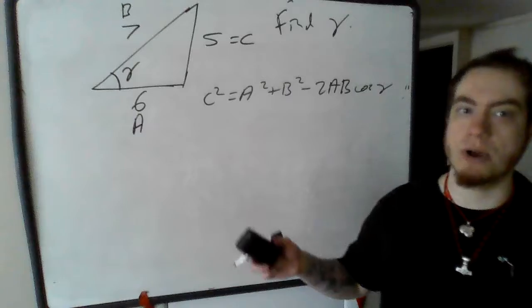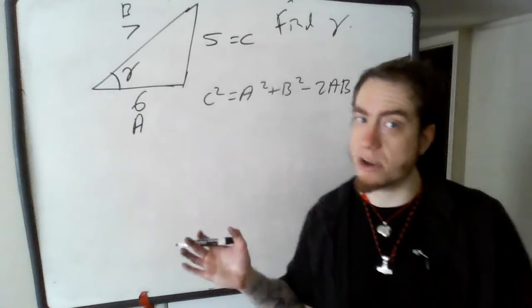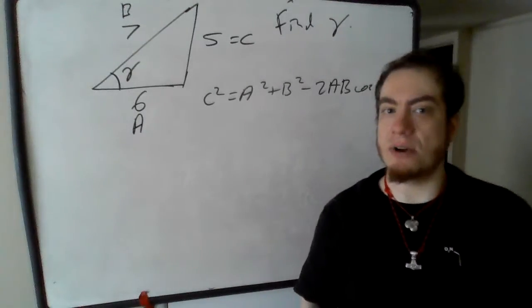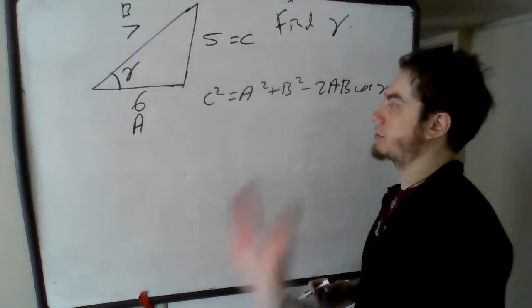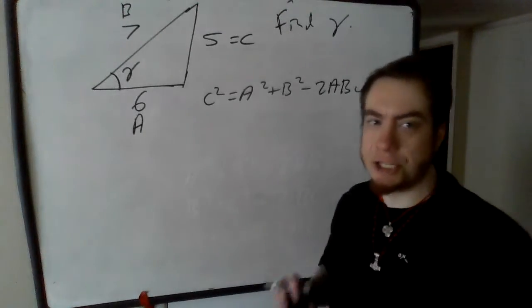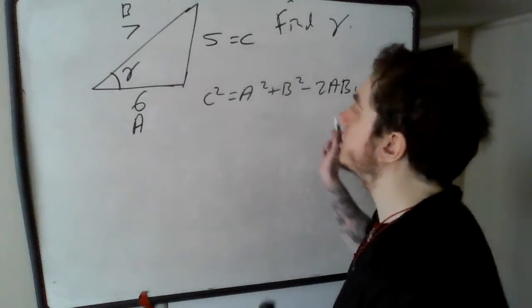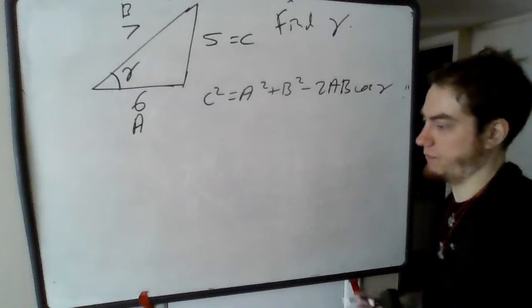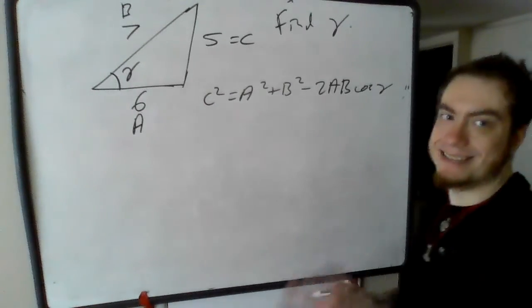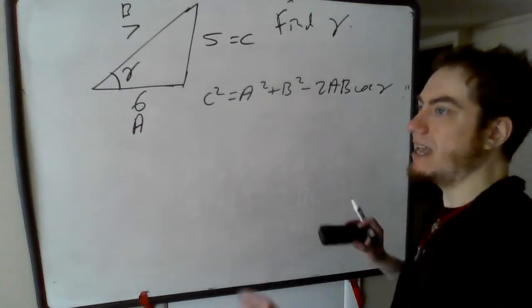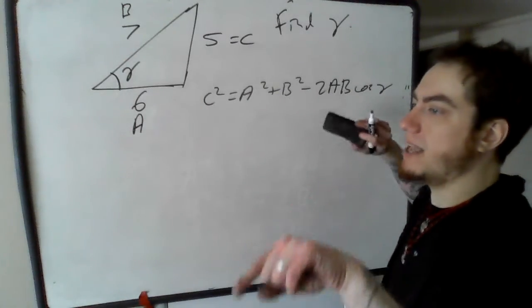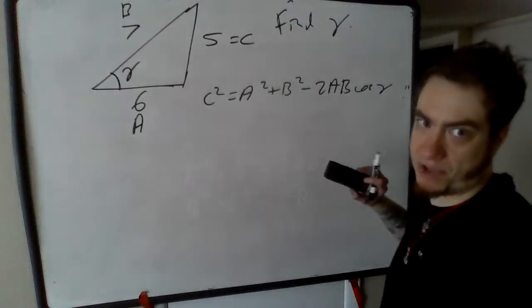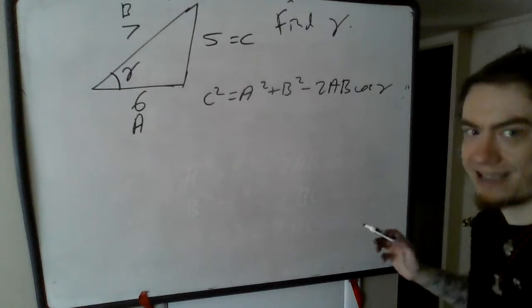Is it an impossible triangle? Are there more than one triangle that could work here? There's no complications that can come into play once you get the problem set up. It's all just a matter of plugging in the numbers. Now that's not to say it's an easy problem, but it's just that you're not going to get into any of those kinds of complications like the law of sines has.